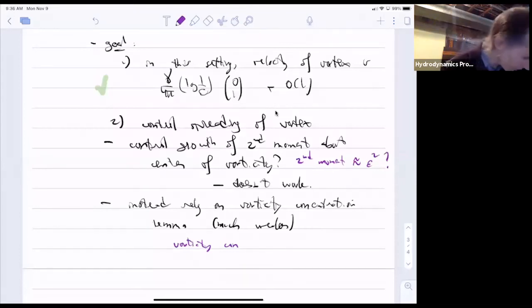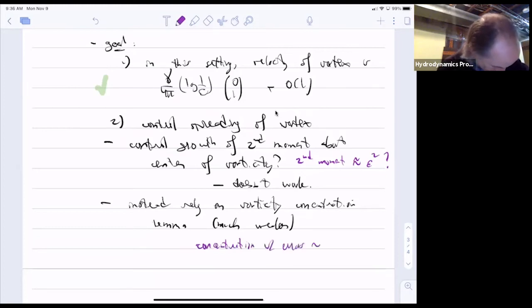And so here you get errors. Roughly speaking, these would give you concentration with errors of order 1 over log epsilon, which is a lot bigger than epsilon squared. And so the information you start with is a lot weaker.